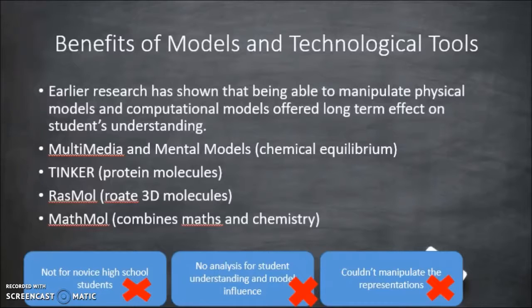The idea behind using a technological tool is that when students understand representations, they should be able to generate interpretations, make translations, and mentally manipulate these representations. None of these tools focused on novice high school students, or analyzed how students developed understanding of chemical representations over time. Students were not able to change the representation to meet their learning culture.